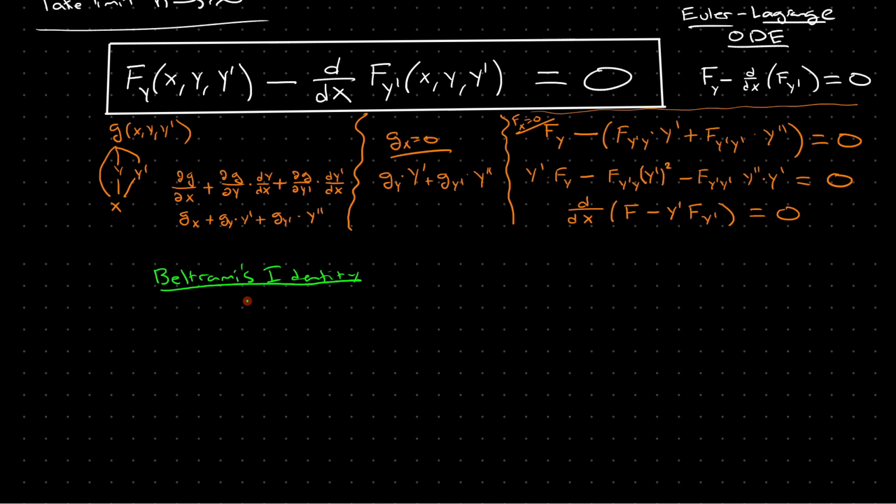Because this ODE is a very nice ODE. It's saying that the x total derivative of this expression equals 0. And this is a very easy ordinary differential equation to solve.